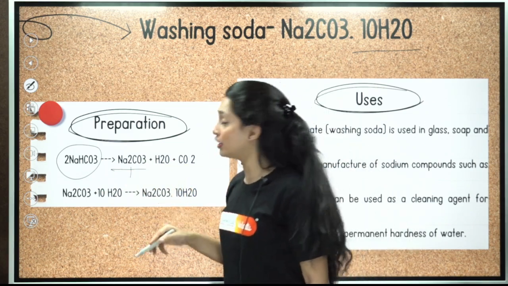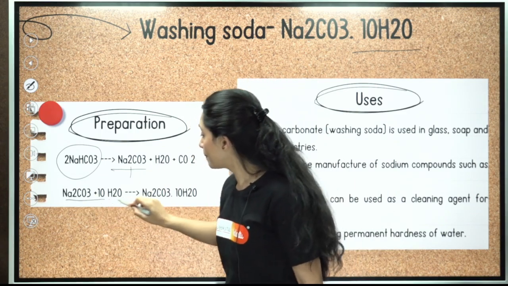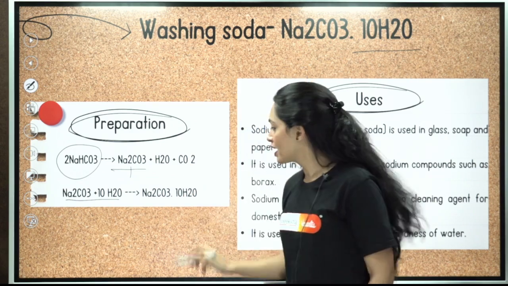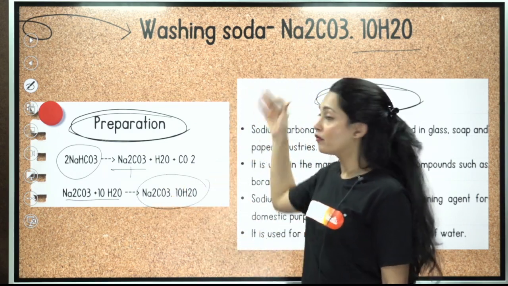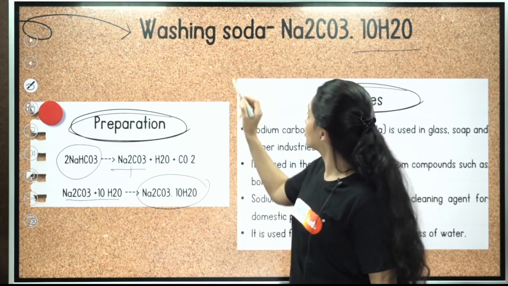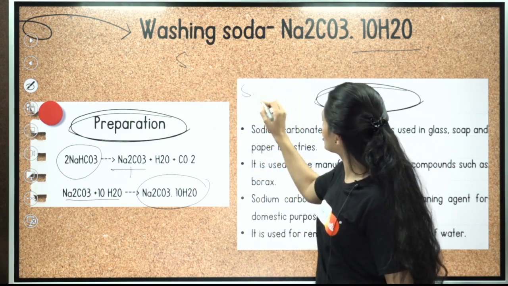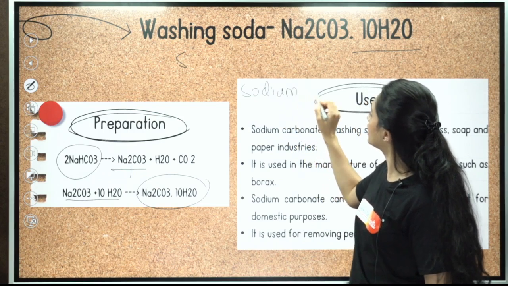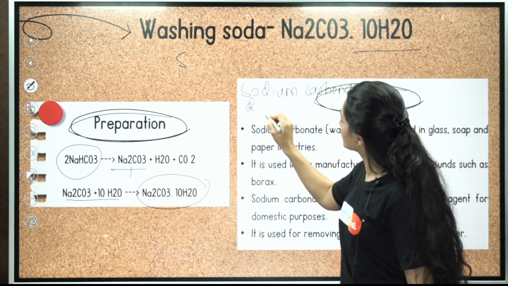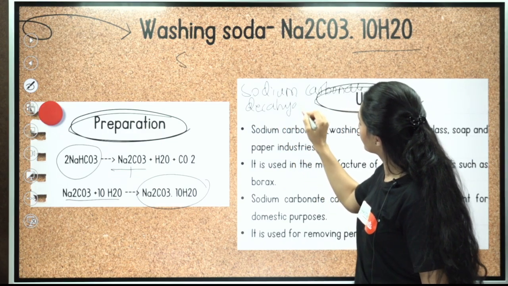This sodium carbonate is made to react with water, 10 molecules of water, so it becomes washing soda. Na2CO3 10H2O is nothing but sodium carbonate decahydrate.